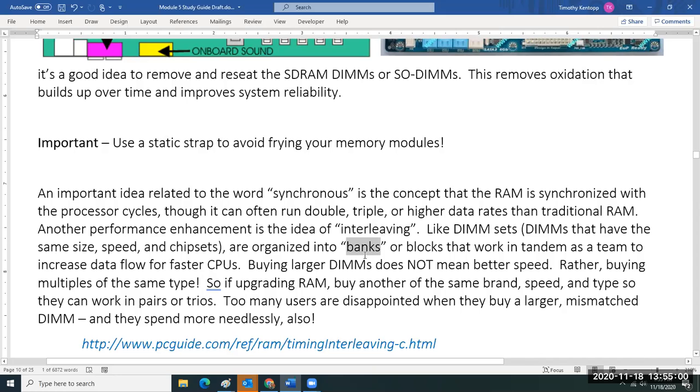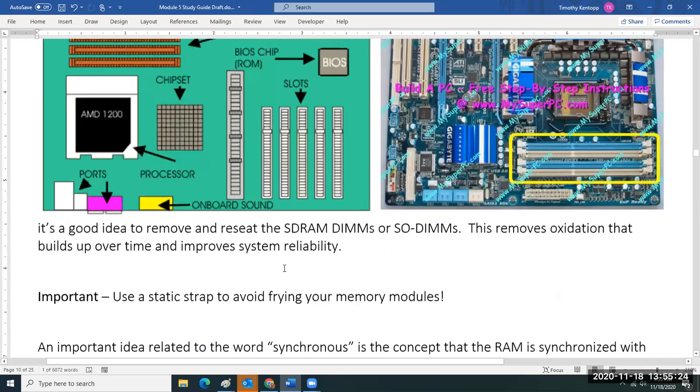So when you pair them up or you triple them up, depending on the design of the motherboard, they organize them in what they call banks. That's multiples of 2 and 3 DIMMs, right? And they're interleaved, which means they work together as a team, and that way you get much better speed. So what am I saying?